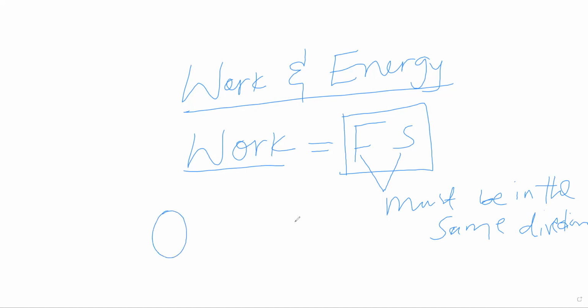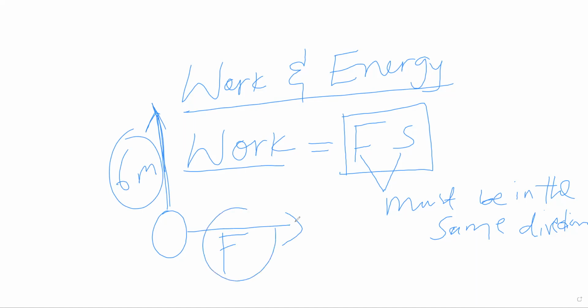Let's say we have an object here. The applied force is here. And let's say what you've given us is this displacement here, this distance here, 6 meters, and you're asking me to find work. Well, since the force is here and you're pulling it in this way, I need to know this displacement going this side.